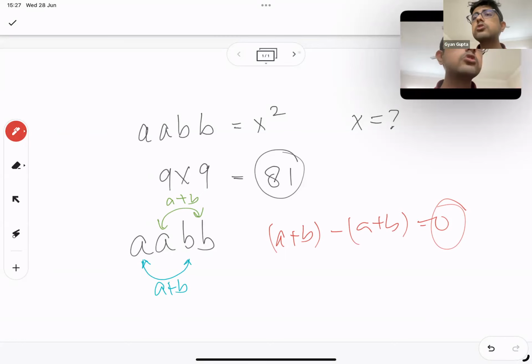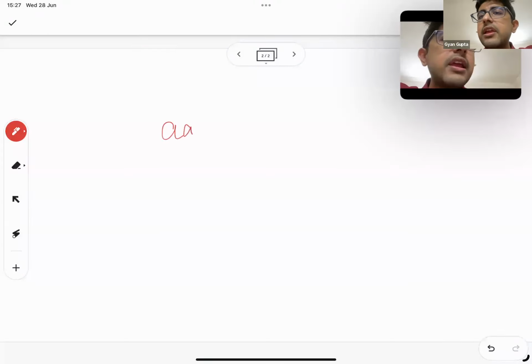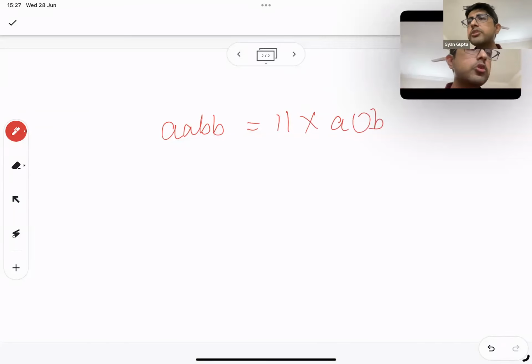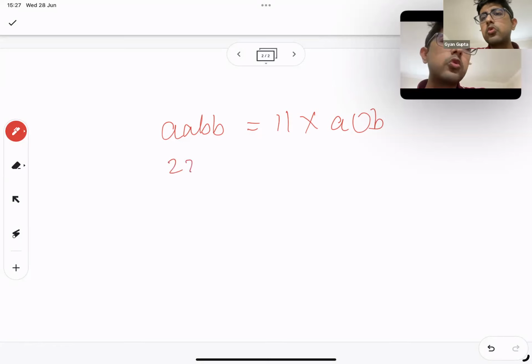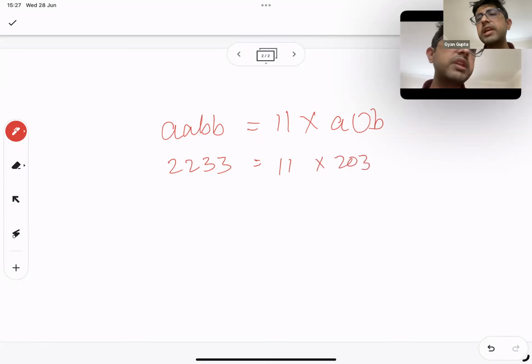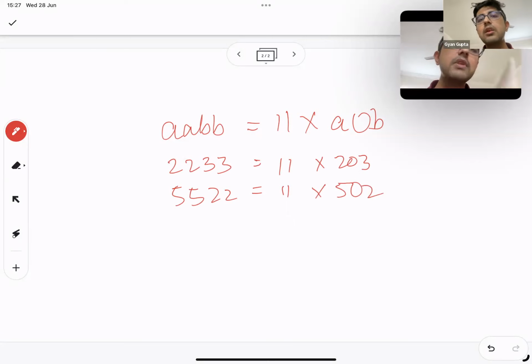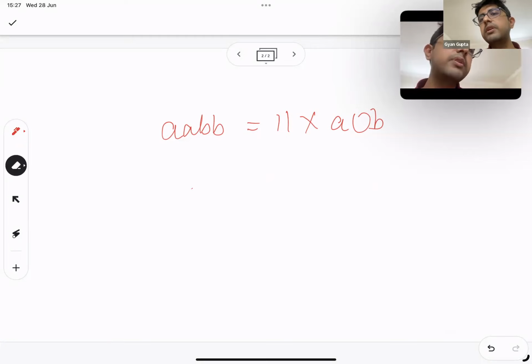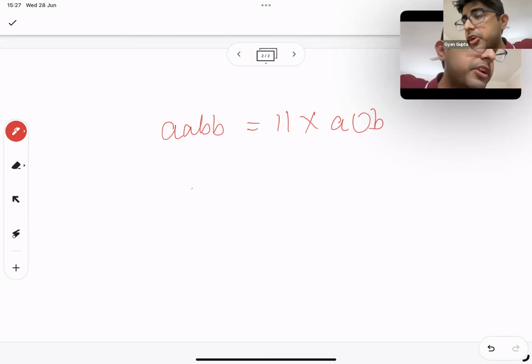So I can write AABB as 11 into A0B. You can try for any number. Let's look at 2233. This is equal to 11 into 203. Take any other number, 5522. This is equal to 11 into 502. Great. So we have written AABB in the form of 11 into A0B.